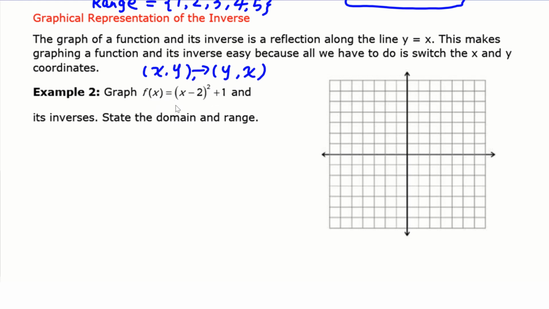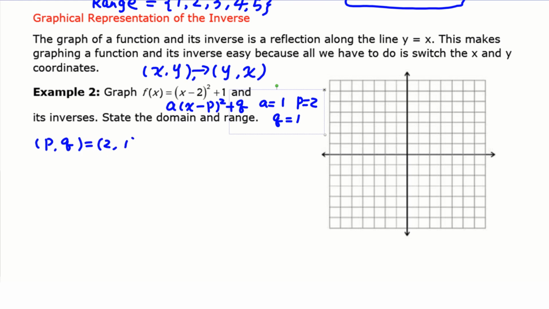This is vertex form, so compare it with the general vertex form. You will have a equals 1, p equals 2, and q equals 1. So the pq is your vertex for the quadratic, and this is 1, 2, 1.